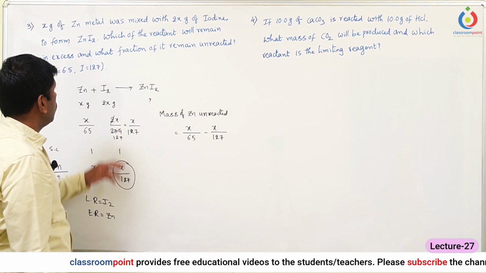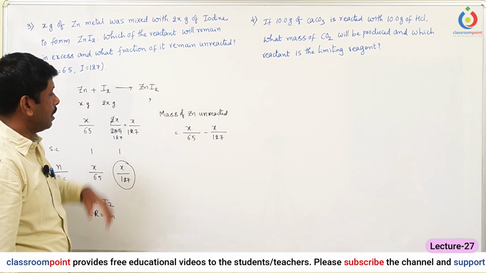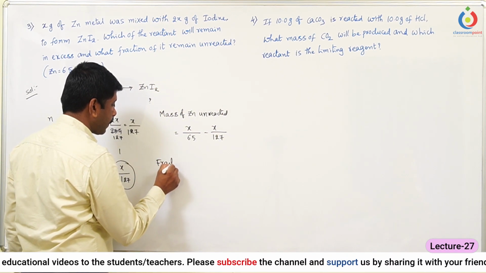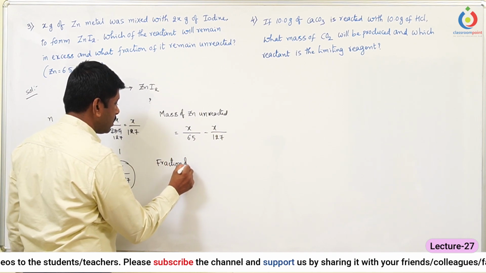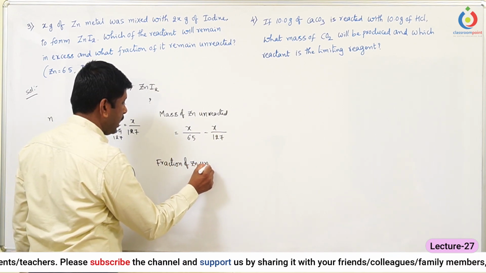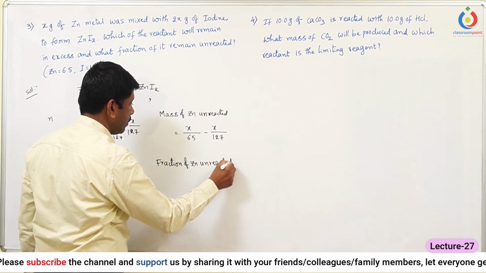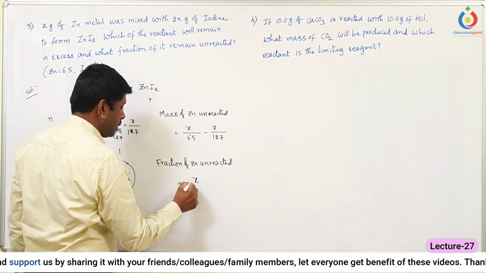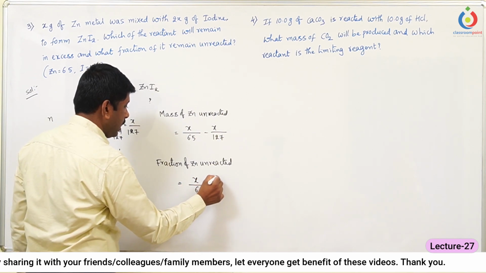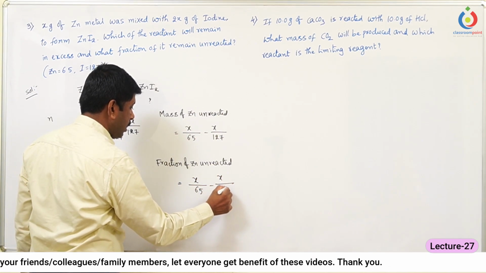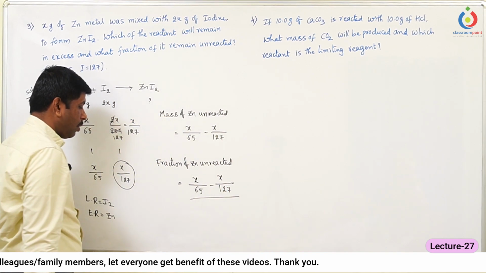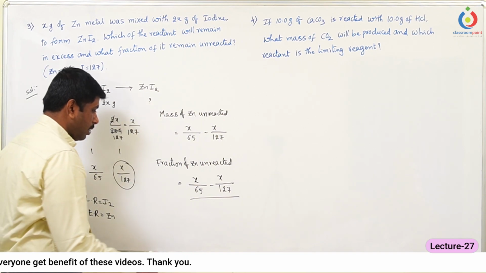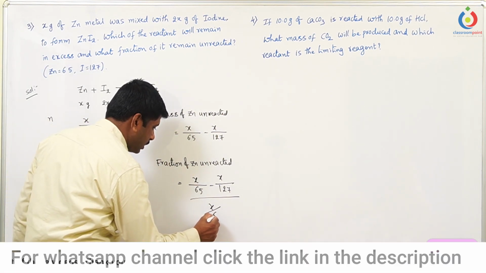But they're asking what fraction of it remains unreacted. So the fraction of zinc unreacted is equal to the still available unreacted mass, that is X divided by 65 minus X divided by 127, divided by the total mass of the zinc, that means the total number of moles of the zinc taken, that is X divided by 65.